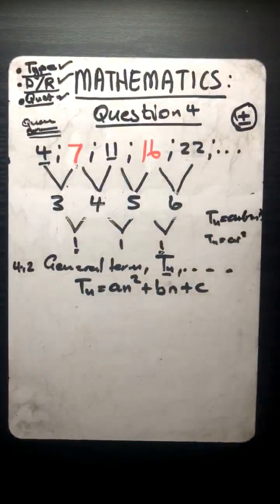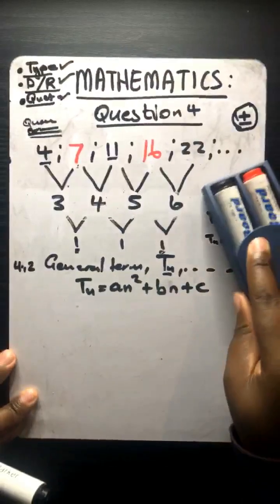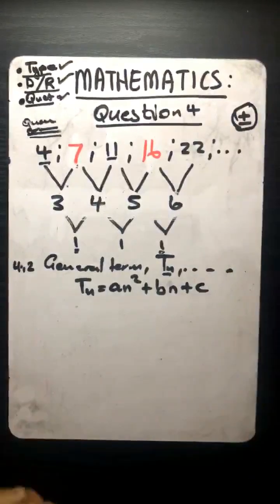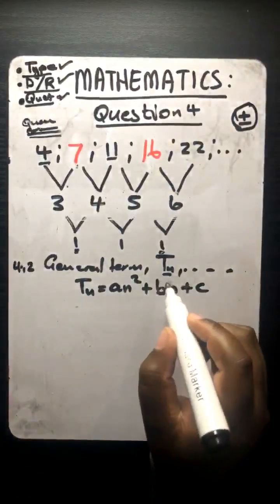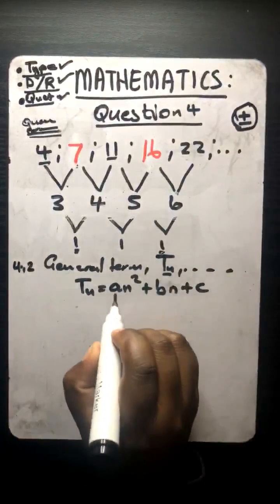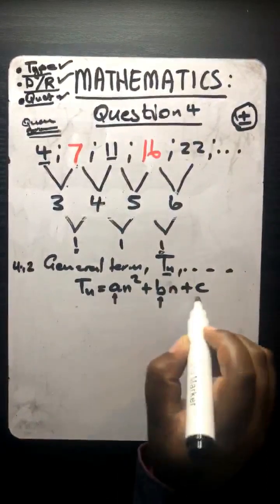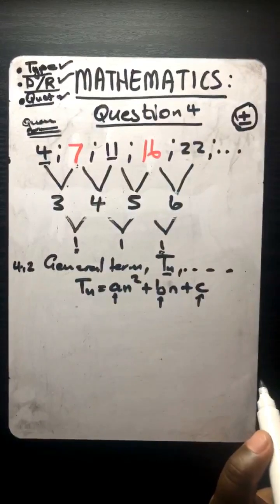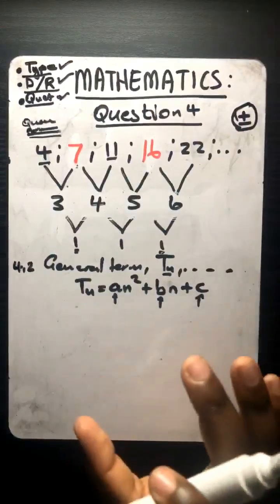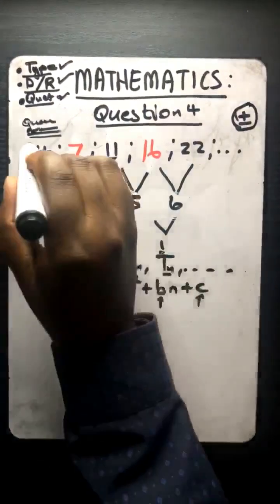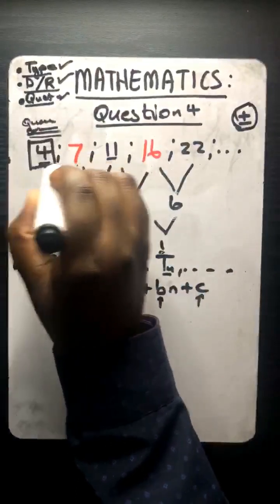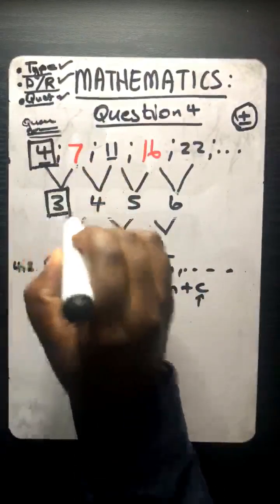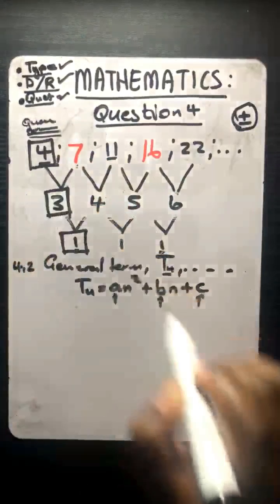In most cases, when they are talking about a quadratic number pattern, they just want you to give them the a, b, and c values. And most importantly, for you to do that, you need only this, that, and that.